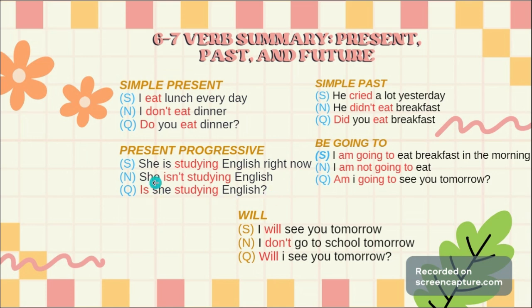Because the verb is "is", we use is at the beginning of a question sentence. And be going to: for statement, I am going to eat breakfast in the morning. For negative, we have: I am not going to eat.